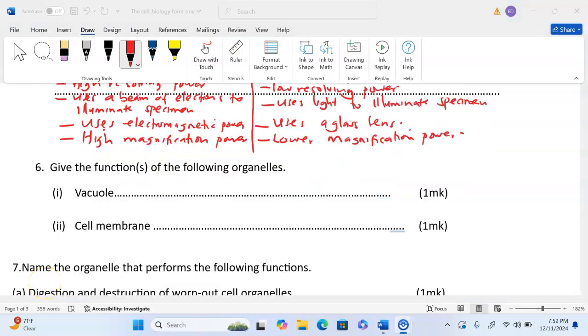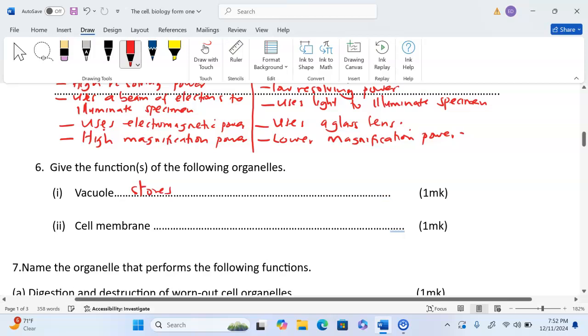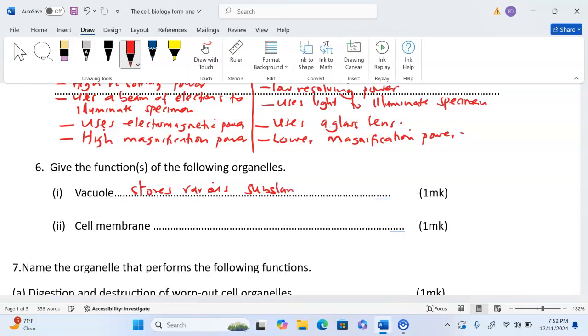Question number 6, state the functions of the following organelles. We have the vacuole. The vacuole stores various substances, including waste materials, or what we can call products. Number 2, it contributes to osmotic properties of the cell.